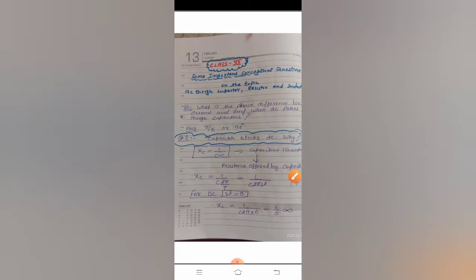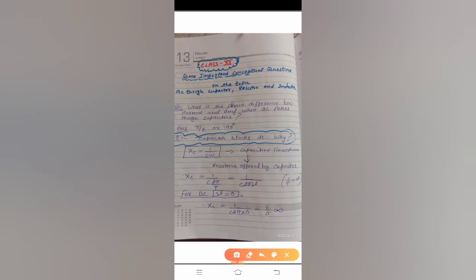Now what is nu for DC? Students, nu is the frequency, the number of oscillations completed in 1 second. But DC is not changing its magnitude, so its frequency is 0, meaning the number of cycles completed in 1 second is 0. Always remember, for DC frequency is 0.